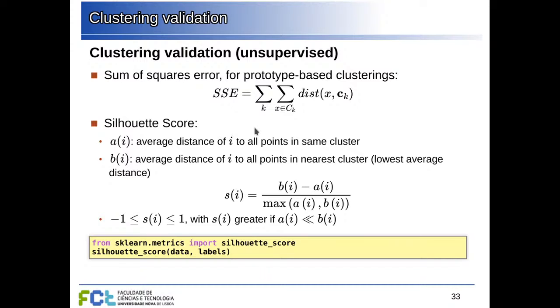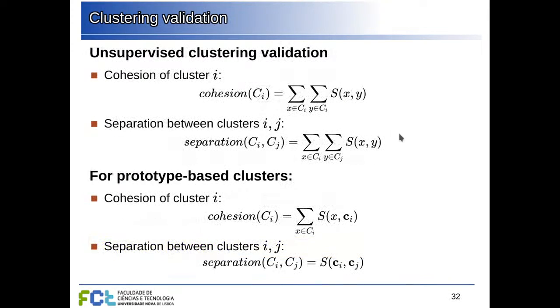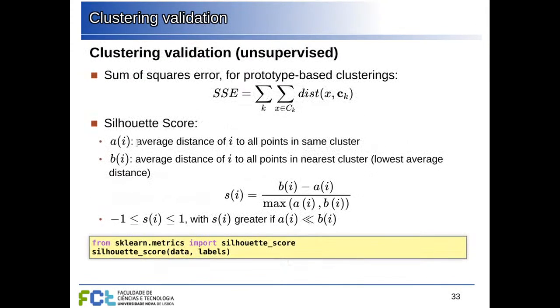If you have distance, for example, you can use the sum of squares error, using the square of the distance between the points and the prototype, as we saw previously. But the silhouette score tries to bring together these two ideas of cohesion and separation. We take this value A for point i as the average distance between i and all points in the same cluster.